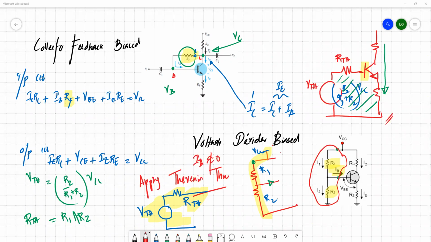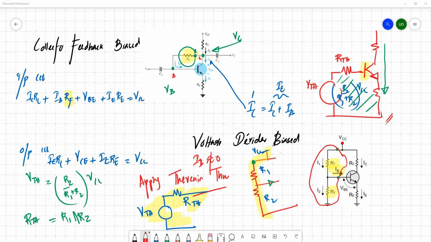By placing the DC load line on top of this device characteristics, you can select the Q point and the rest of the Q point parameters, like IBQ, the base current, and the collector emitter junction voltage at this Q point.